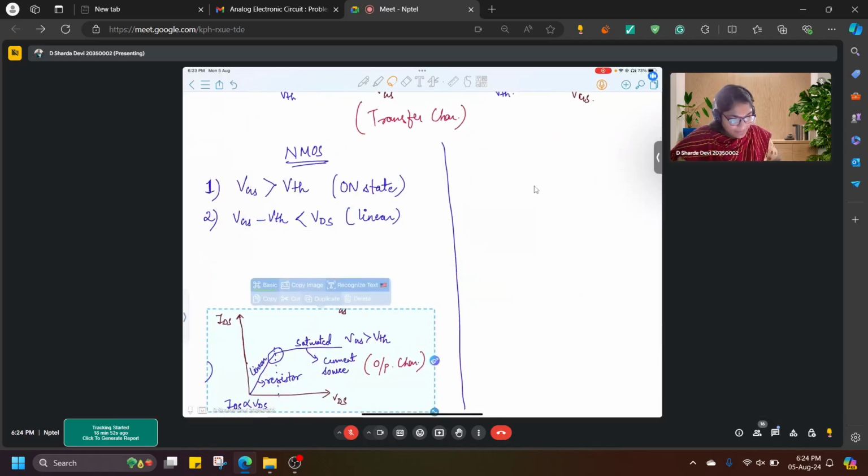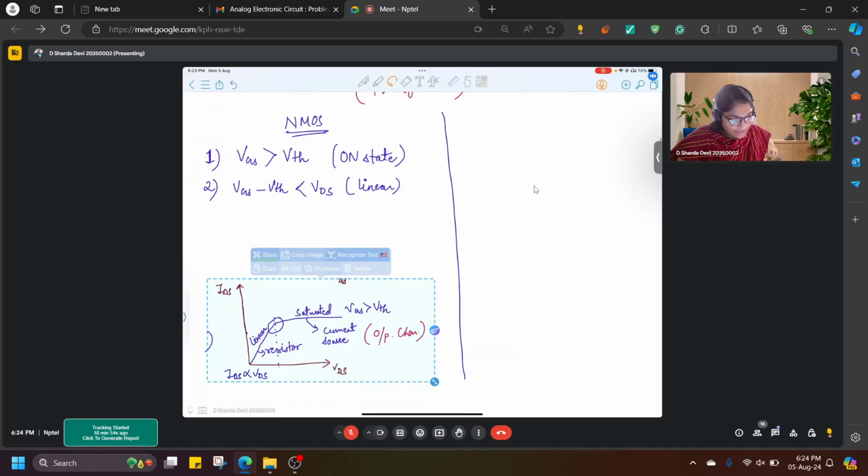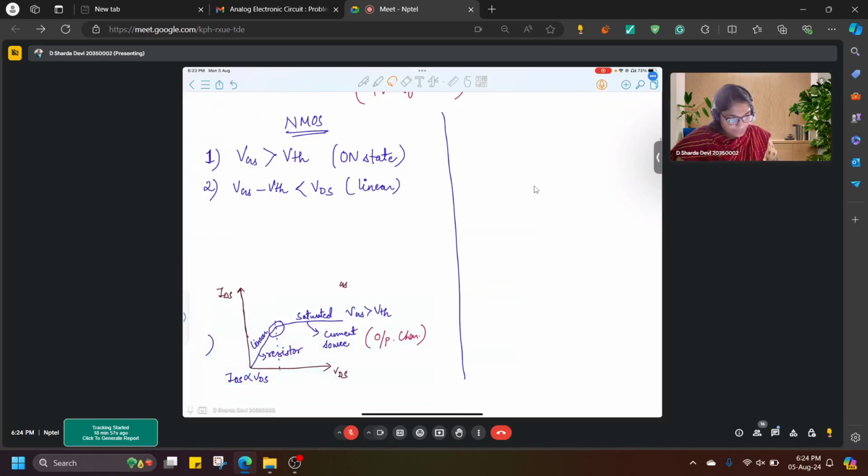So this is the same linear that we are talking over here. Clear? So this linear and this linear are same. Now, the third condition is VGS minus VTH. Here VDS is greater, right? So if VDS is greater, then this is linear.